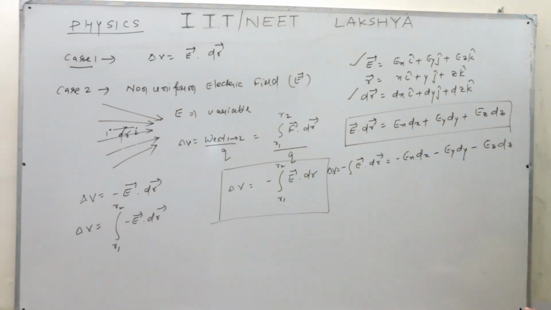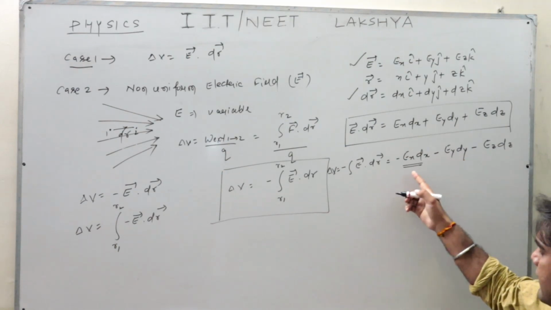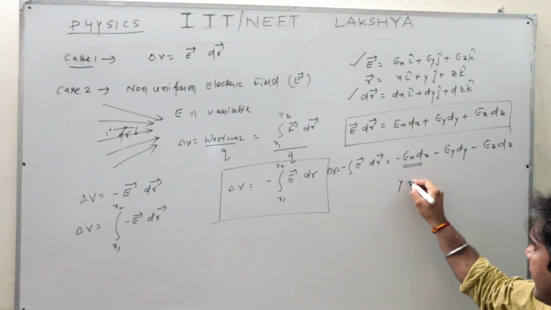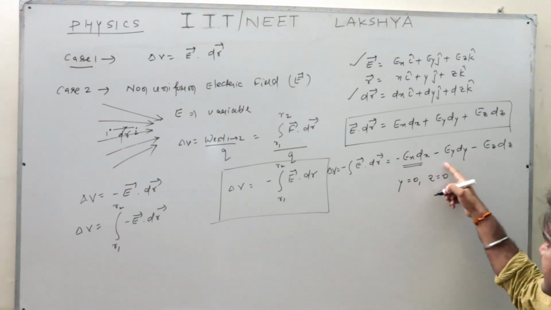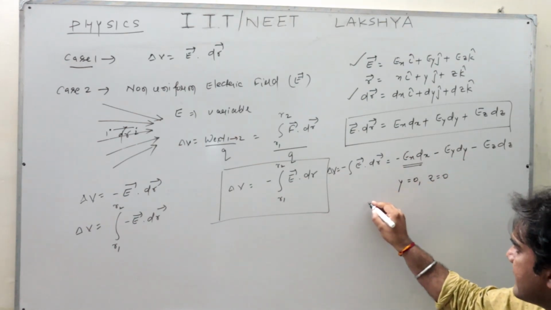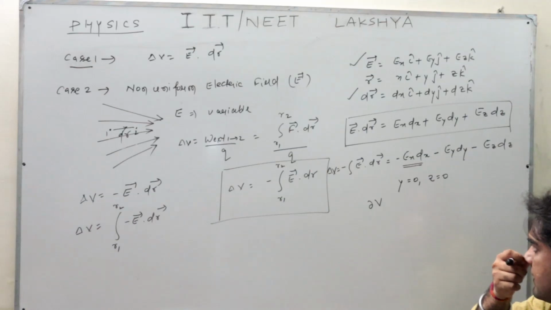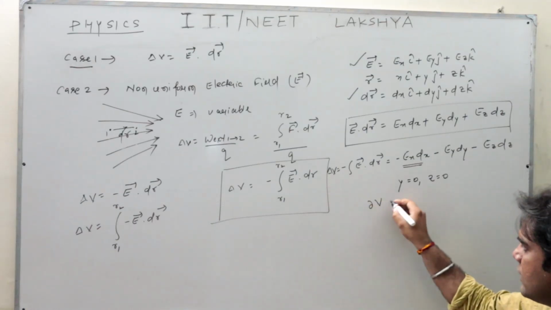Okay. So now this quantity is there. See this quantity, minus Ex dx. Suppose y is 0 and z is 0, along y and z it is 0. So can I write it like this? Del V, del V means partial differentiation.